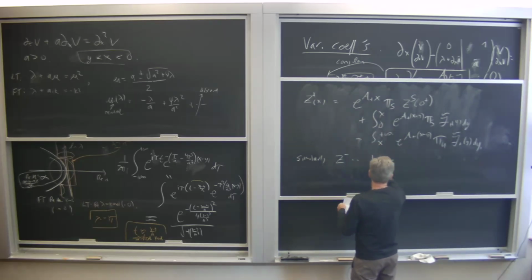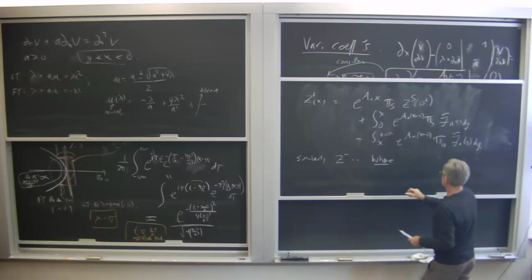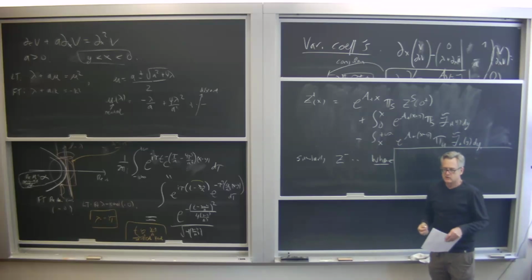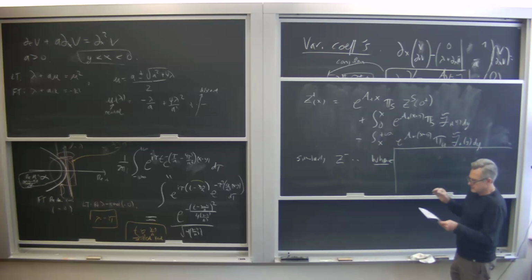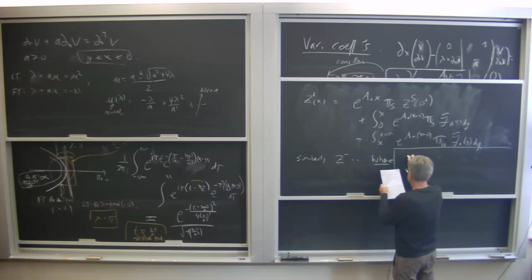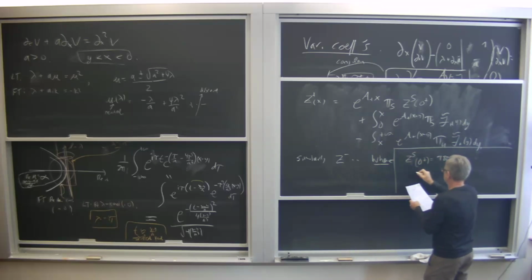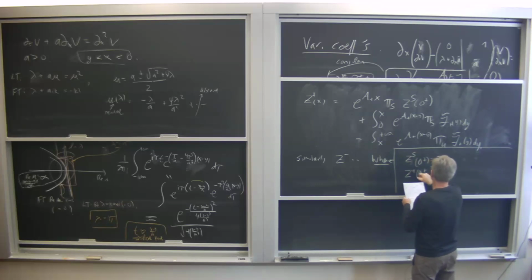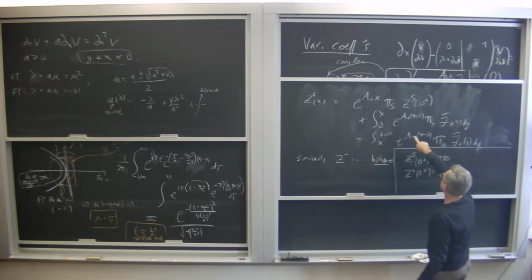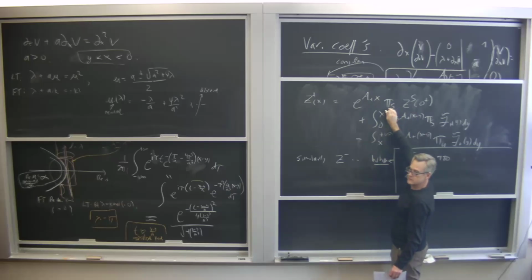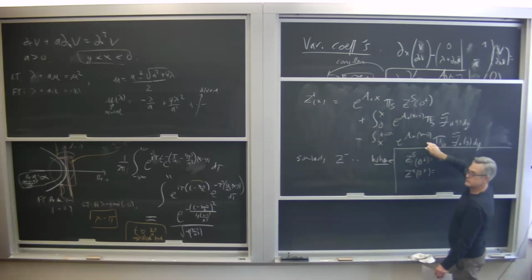Okay, and now here's where, when we came to this point, we were describing it very abstractly or vaguely after that, but now we really have to do it. So z stable at 0 plus is to be determined. Z unstable at 0 plus. Okay, so if I apply the unstable projector, I kill this term because this is a complementary projector. I kill this term and I'm left with this term.